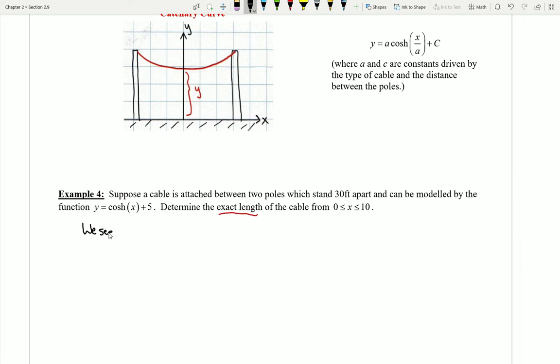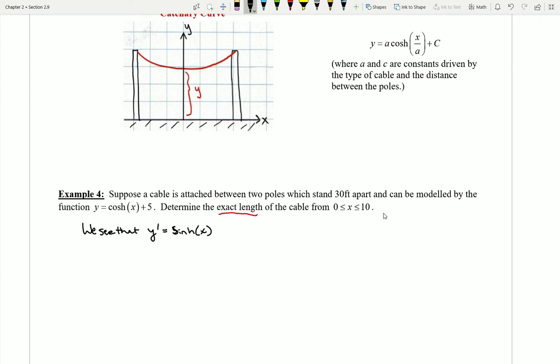So I'll start by saying we see that y prime is going to be, well, let's see, the derivative of hyperbolic cosine is hyperbolic sine, and of course the derivative of my 5 is just 0. So hyperbolic sine, is that a continuous function from 0 to 10?